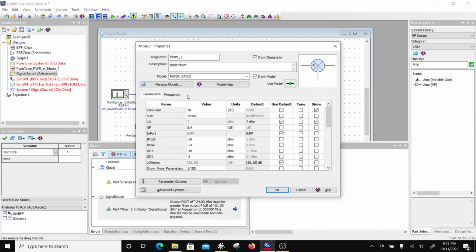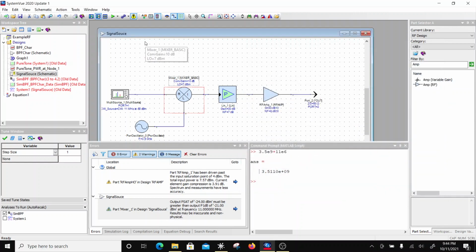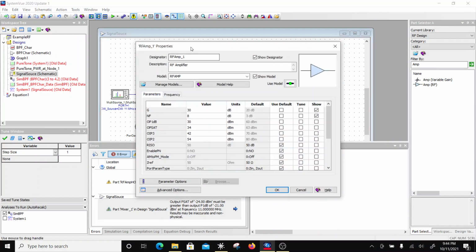Let's see what has happened here. So P1 dB, oh, so I did the reverse, sorry, it should be around 24, so that makes sense now, so that would go away. And similarly over here, did I do a mistake here?